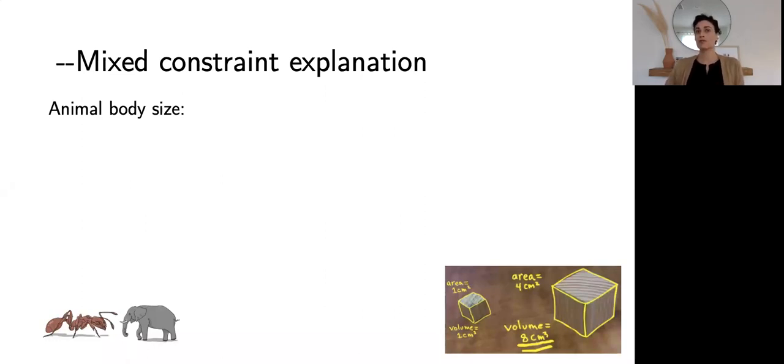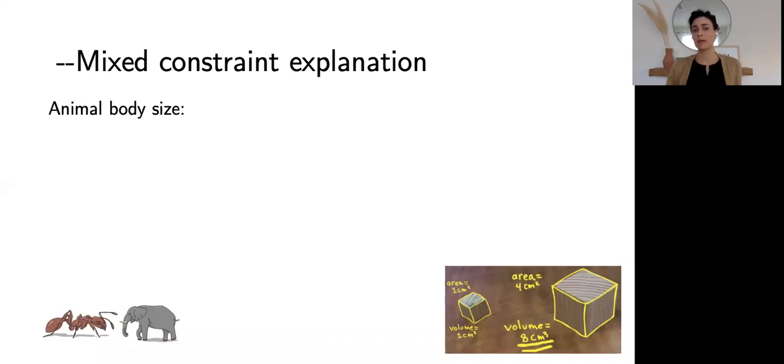While these fictional characters do not exist, we often find that there's a stronger claim made, which is that it's impossible for them to exist. So why is this? What explains this impossibility, and in this case, upper limits on animal body size?